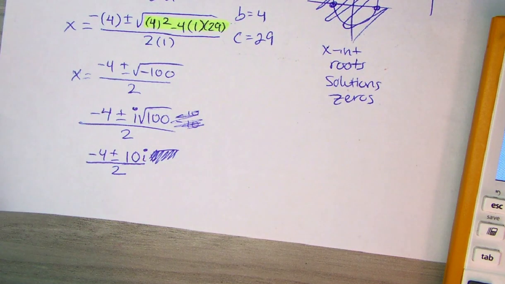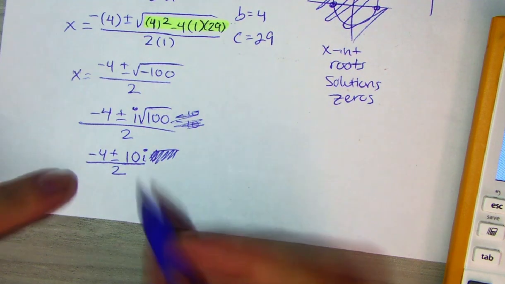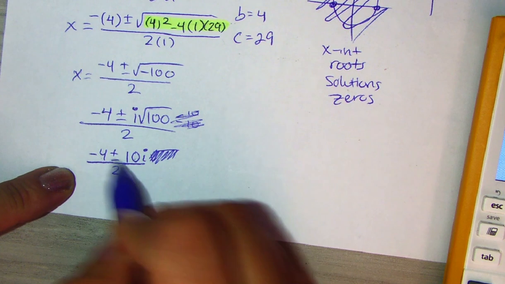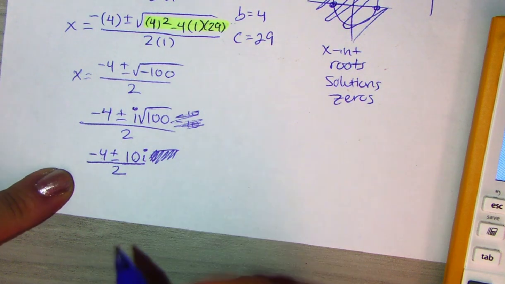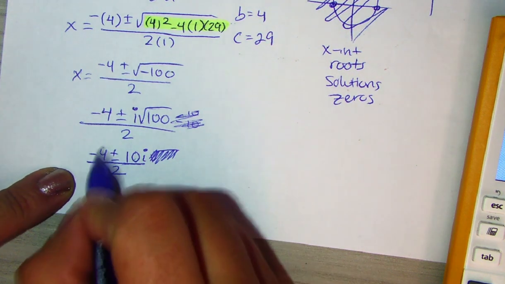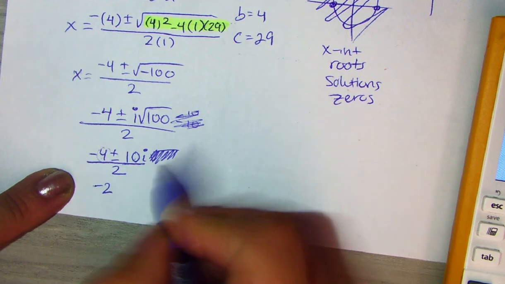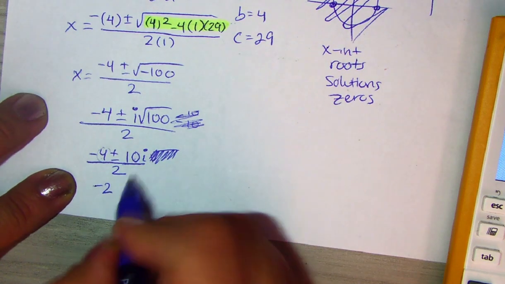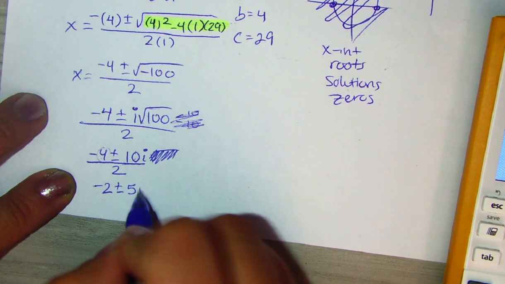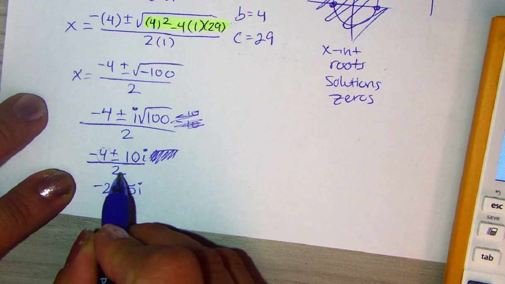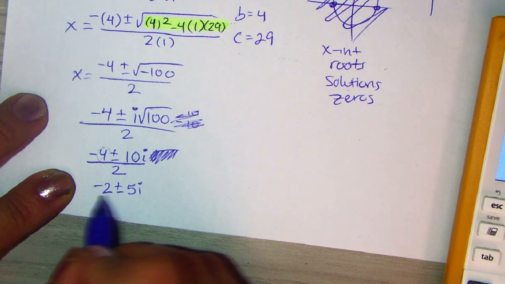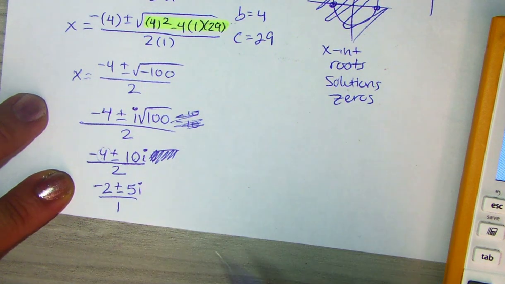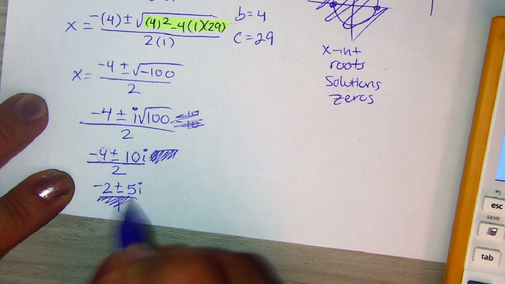And the last thing to do is to check if you can simplify these numbers. So 4, 2, and 10 can all be divided by 2. If you divide 4 by 2, you get negative 2. If you divide 10 by 2, you get 5. And if you divide 2 by 2, you get 1. And if I put this over 1, it's just dividing by 1, which results in the same thing.